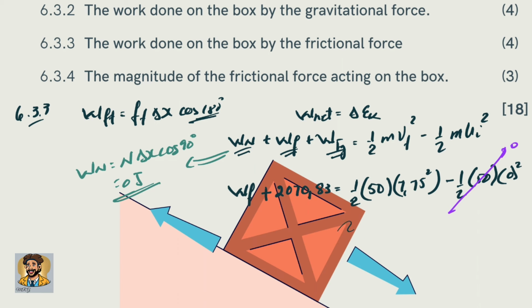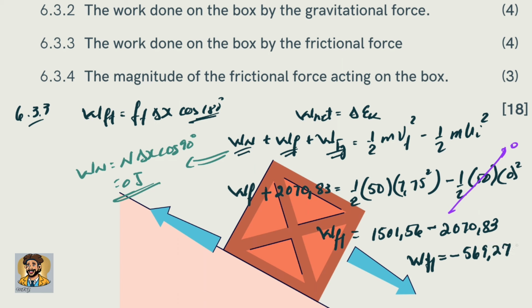So we get here that the work done by friction, if you do the calculations, is 1,501.56 minus 2,070.83, and therefore the work done by friction is equal to negative 569.27 joules.